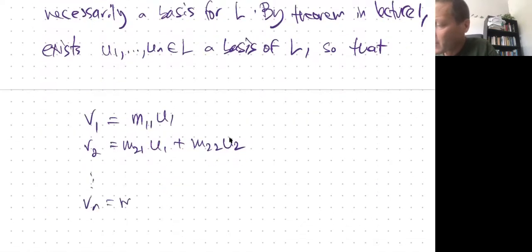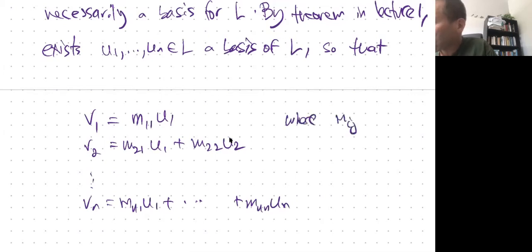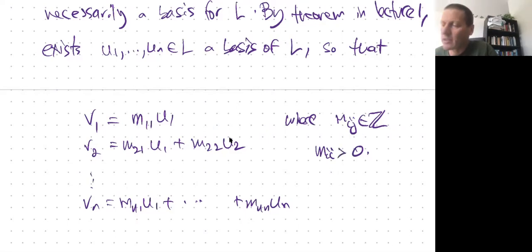Vn is Mn1 U1 plus and so on up to Mnn Un, where all the Mij's are integers, the Mii's are not zero. In fact, we can take the Mii's to be positive, and we also saw that we can take the off-diagonal terms to be strictly less than the diagonal terms in absolute value. But this is what I need for now.